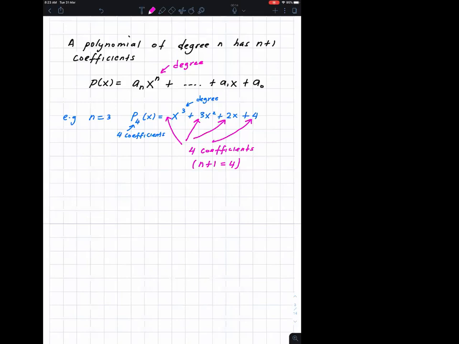Therefore, n is the order of the polynomial.